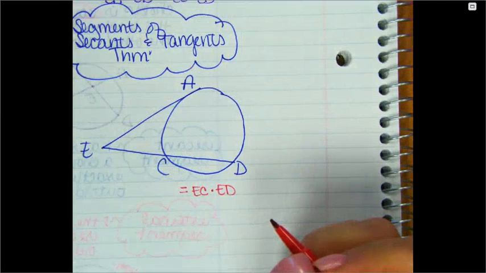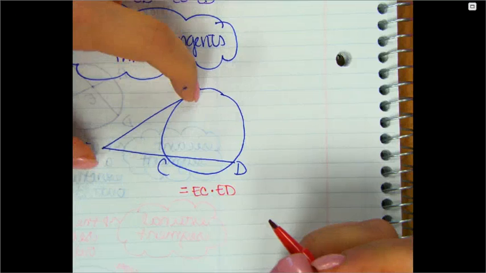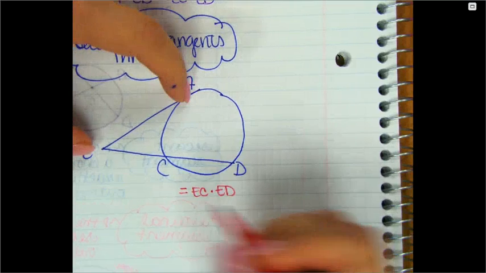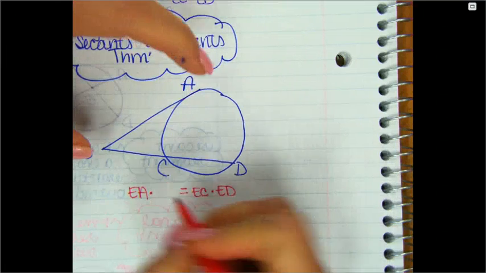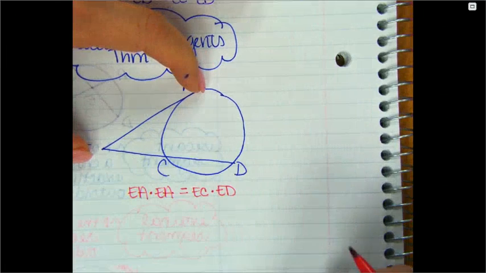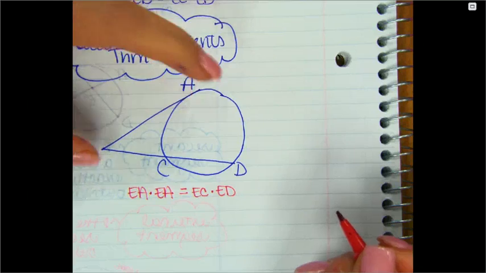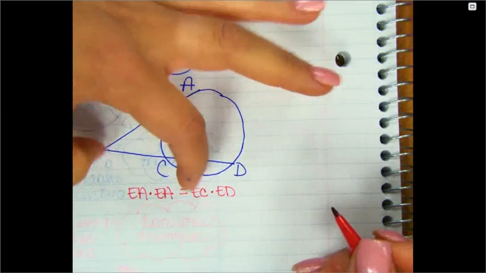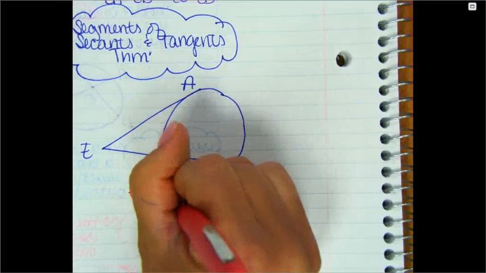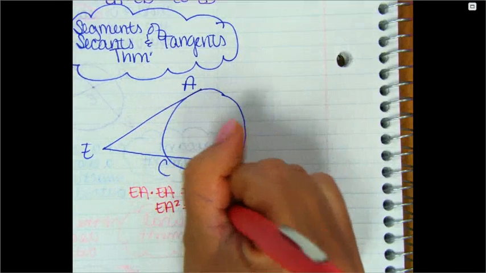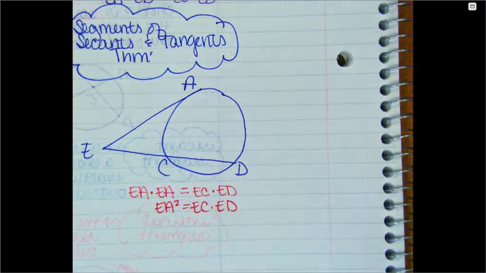So if I look at the tangent segment, this is still technically where? Outside. So it's still the piece, but it's also considered the whole thing. Piece times the whole thing, or whole times whole equals piece times whole thing. However you want to remember that, you can. Or you can write it EA squared equals EC times ED. However you need to remember it, you remember it.